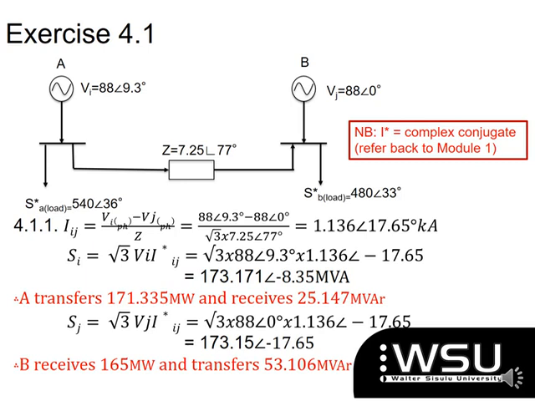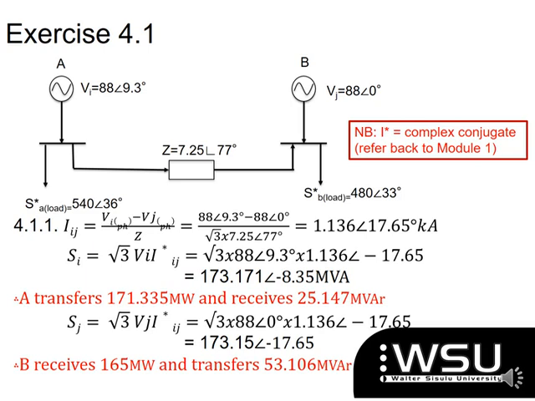I then am able to get this, and that gives me what my angle is as well between my two points. So if I transfer that SI that I've just received into P and Q, I can say 171.335 megawatts is being transferred from A, and we are receiving 25.1547 MVAR from B. Then I go to my SJ.